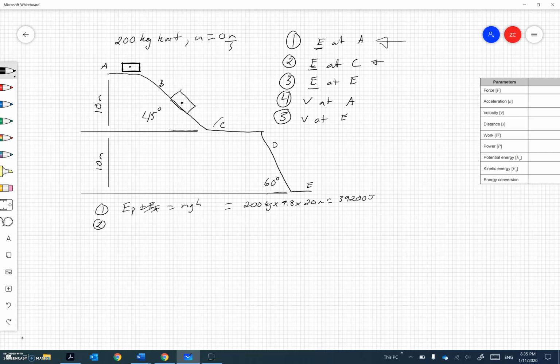All right, let's look at point 2, which is the energy at C. So C is over here. Now the cart's going to be at this stage, and it's still moving, but it has some kinetic energy and some potential energy.